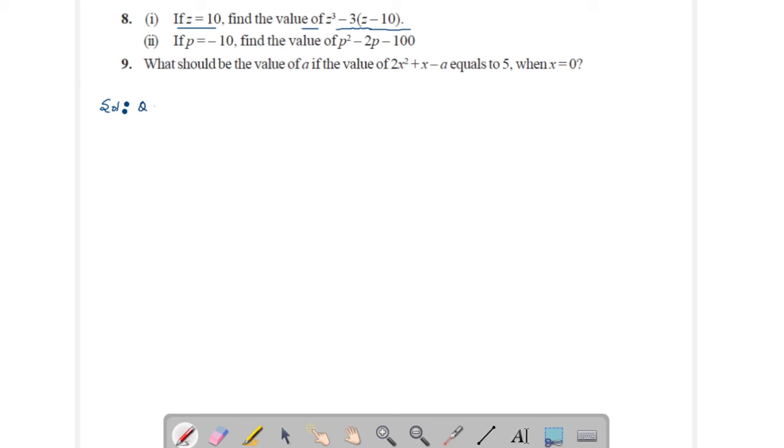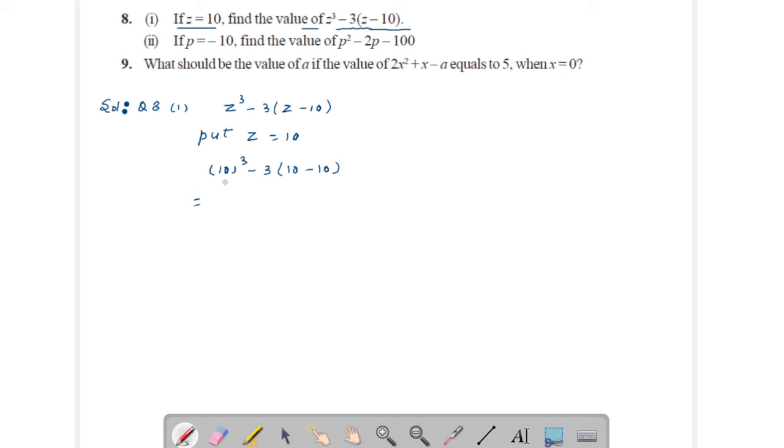Question number 8. First part. It is z cube minus 3(z - 10). Here put z equal to 10. What will you get? It is 10 cube minus 3, value of z is 10, minus 10.